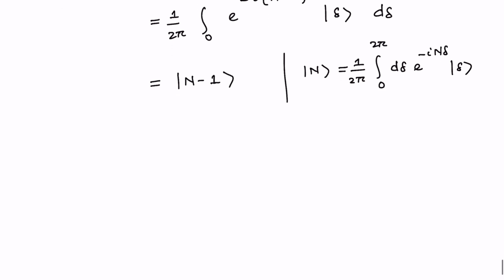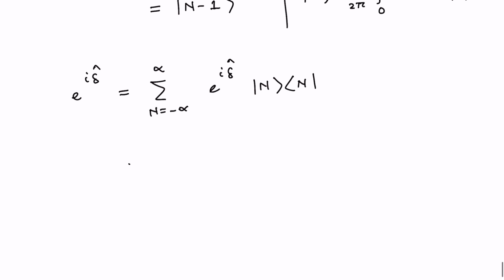Okay, so we have e to the power i delta cap is equal to sum over n from minus infinity to plus infinity e to the power i delta n ket n bra n. This I can, because I already have worked out this part, right?